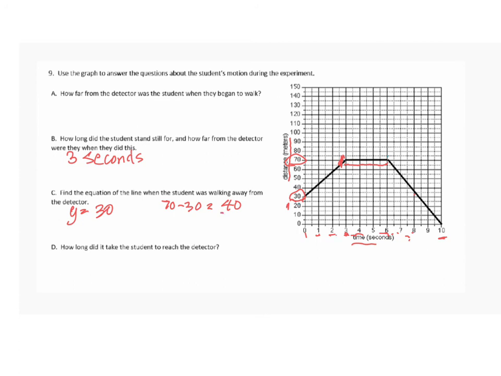So what is 40 divided by 3? It's 13.3. So our m equals 13.3. So what would my y equals mx plus b equation be? It would be y equals 13.3x plus 30.